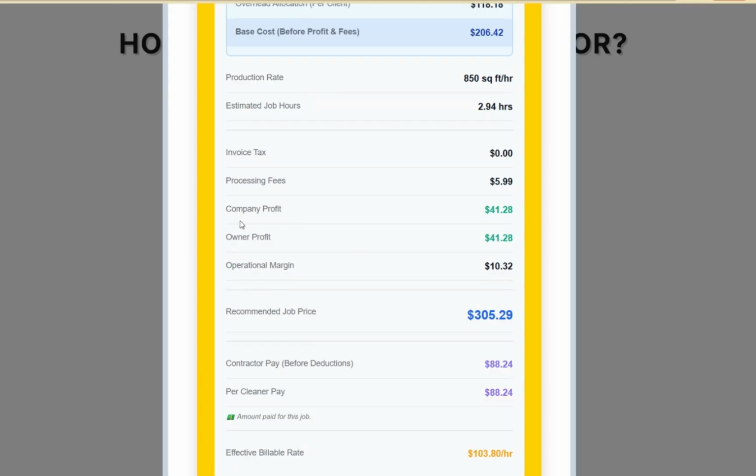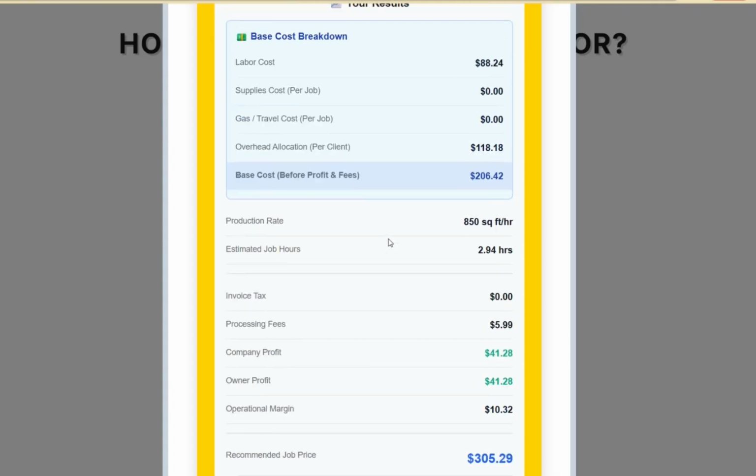And usually you're pulling it from your company profit or your owner profit. And then it starts to seep into your operational margin and everything else, right? So that is why a lot of big business owners make a lot of money, but they don't keep a lot of money, because they don't have the separation. They're not keeping this money separated in their bank accounts.